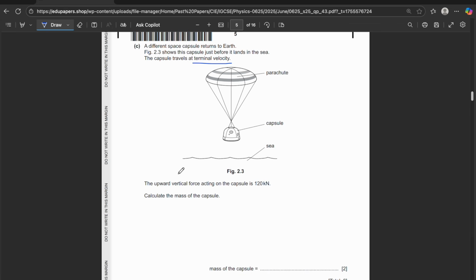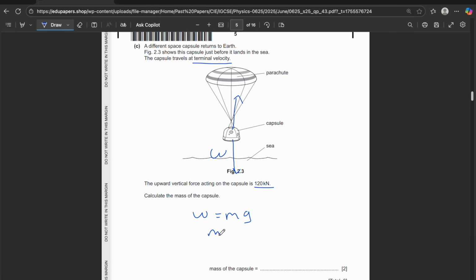So I just mentioned, right, there will be no resultant force, but it says upward vertical force is this much, so there has to be a downward vertical force trying to oppose this. So this downward vertical force is apparently weight. So it's just given that this is the weight of the capsule. So W is equal to mg.